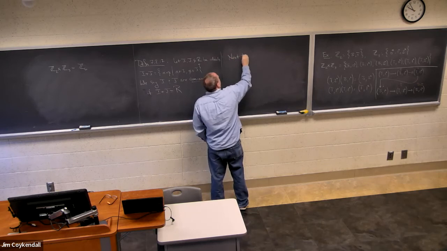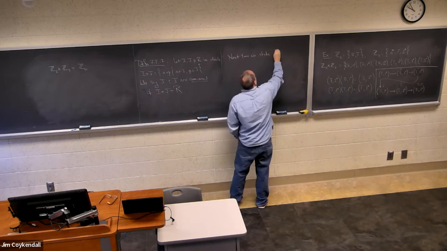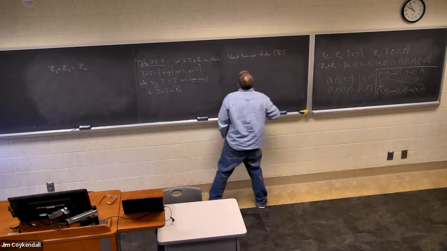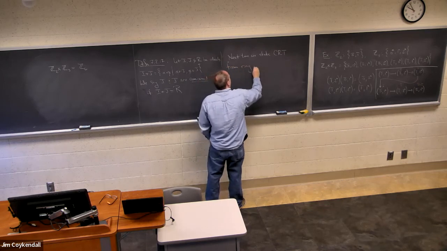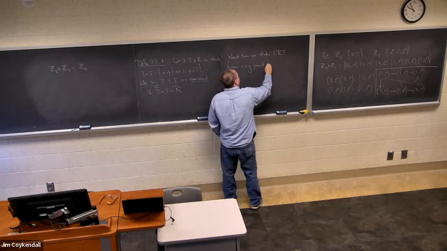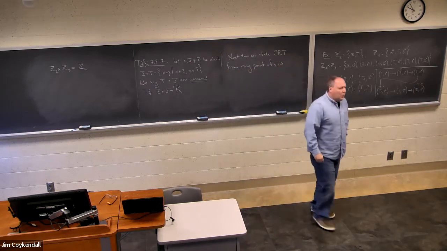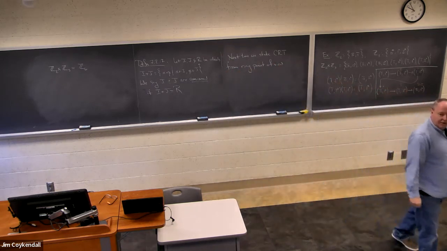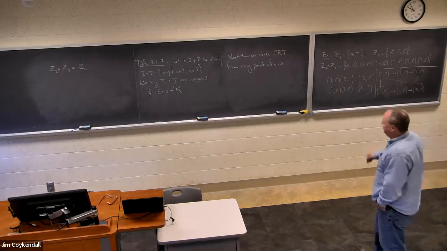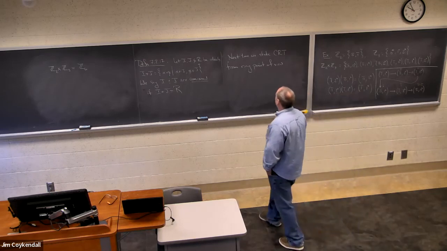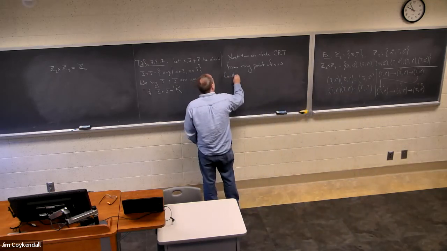Next time, we'll say Chinese remainder theorem from the ring point of view. We've already stated the Chinese remainder theorem initially from modular arithmetic, systems of equations. We'll say it from the ring theory point of view, and it will give the following corollary.